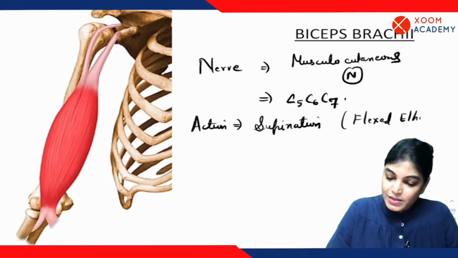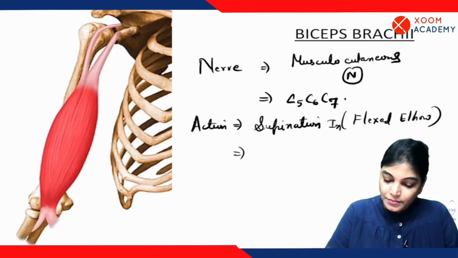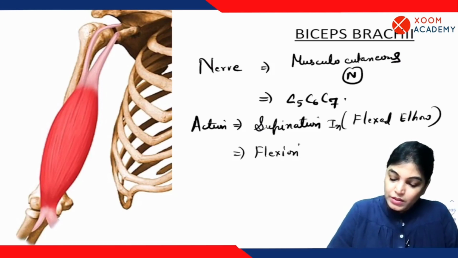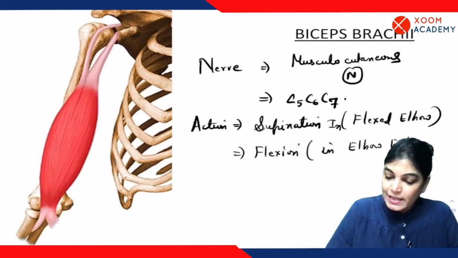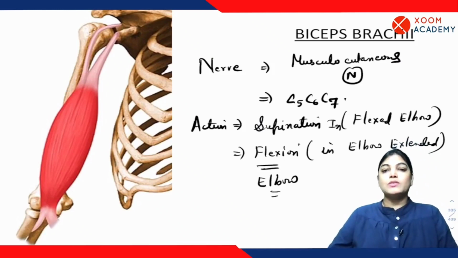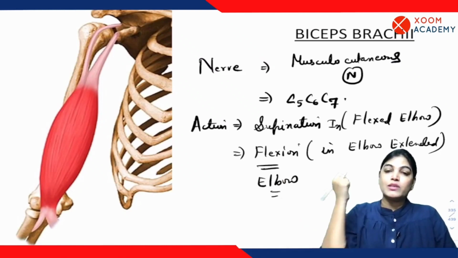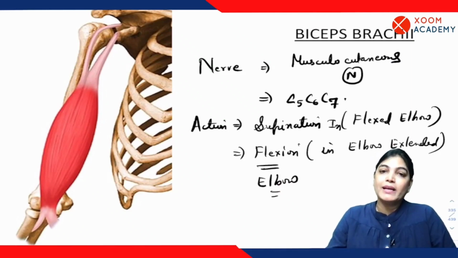It is also an important muscle causing flexion of the elbow when the elbow is extended. So this muscle is a supinator of the forearm when the elbow is flexed, and when the elbow is extended, it causes flexion of the elbow. These are two important actions of the biceps brachii muscle. The nerve supply is musculocutaneous.